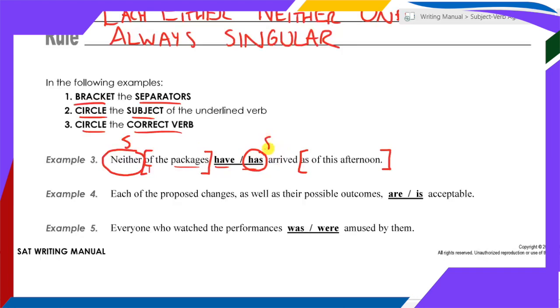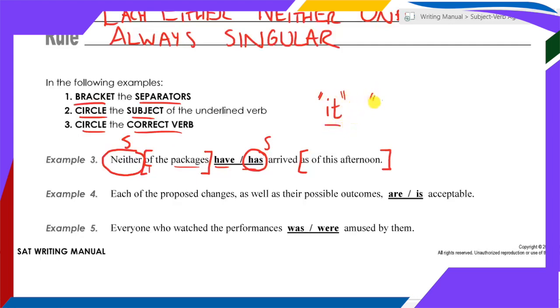Now, some of you get tripped up by this. Some of you think that to your ear, neither have arrived sounds just as good, if not better. To my ear, it doesn't sound great. If you are struggling with sound, as soon as you spot an ENOB, just replace the ENOB with a singular pronoun like it. Since we know the ENOBs are singular, we can replace the ENOB with a singular pronoun.